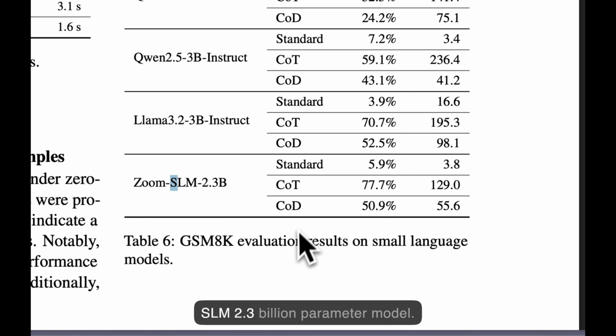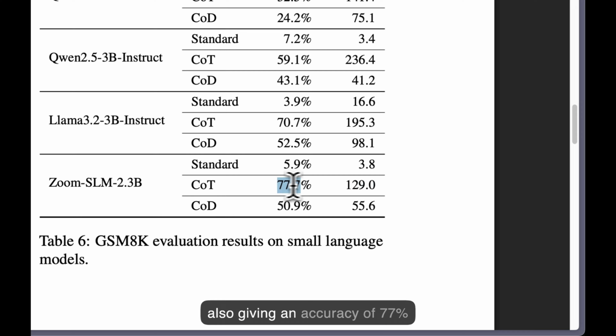Almost the 3.23 billion instruct is destroying the chain of draft model. It has used more tokens, yes, but the accuracy is making up for the lack in chain of draft. Same for the Zoom SLM 2.3 billion parameter model. It has used 129 tokens, but it's giving an accuracy of 77%, whereas it's just giving 50% while using 55 tokens.